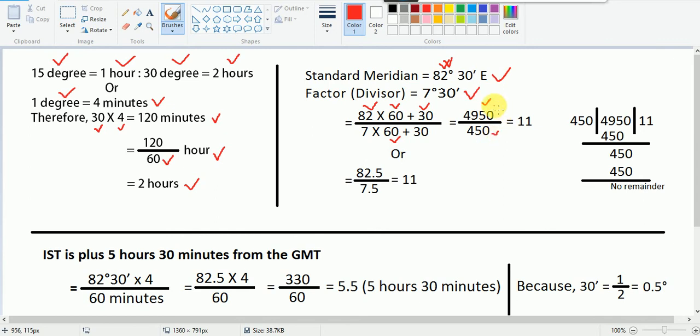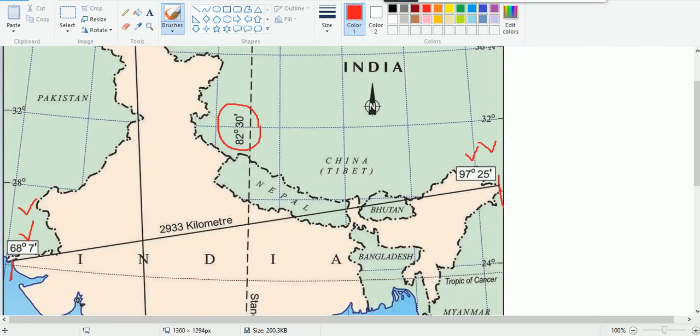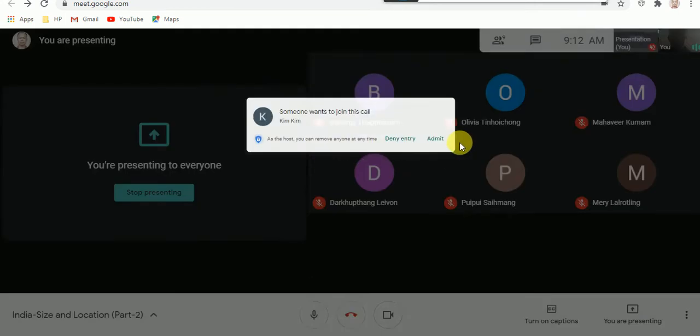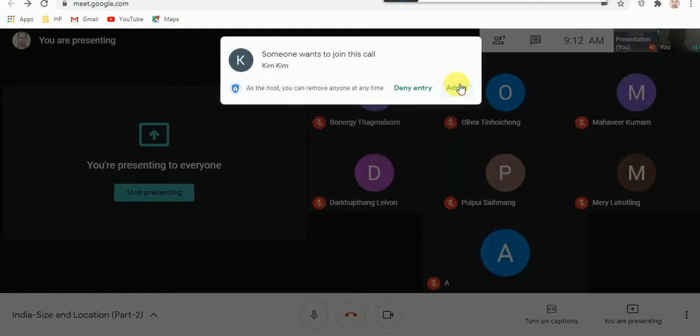So if you divide 4,950 by 450, you will get 11. That means we don't find a remainder. That means it is divisible. This 82 degree 30 minute is divisible by 7 degree 30 minutes, and hence this meridian has been selected as the standard meridian of India.